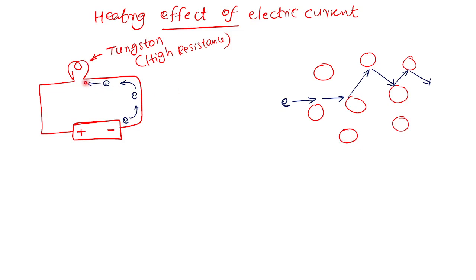Understood? So I am talking about the heating effect of electric current. All of you please listen. The electrons will hit the atoms of the filament, and as a result, heat will be generated. How much heat energy it will generate, that is what I am going to discuss. Heating effect.